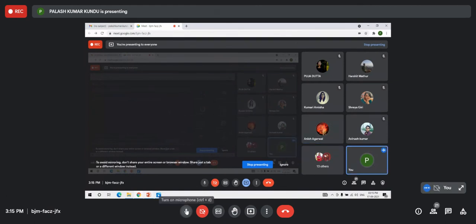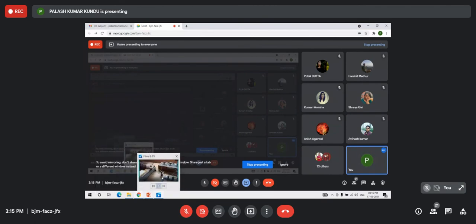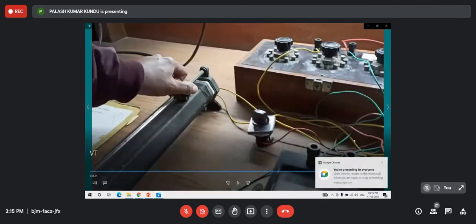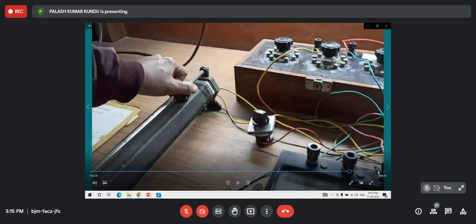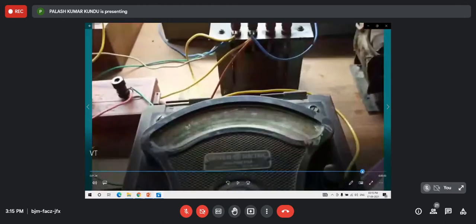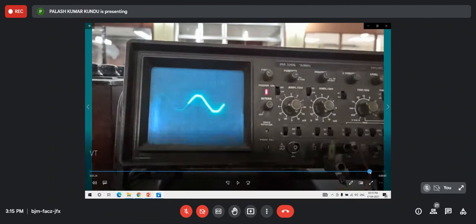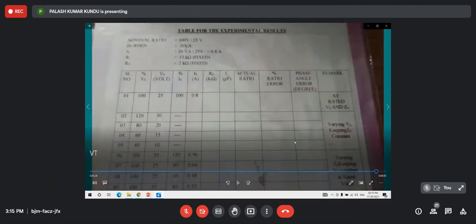Right now, you follow the procedure sequence by which the adjustment is done and the reading is taken. How the null is adjusted by changing the value of R2 and C, nothing else, and you have to fill up this table.